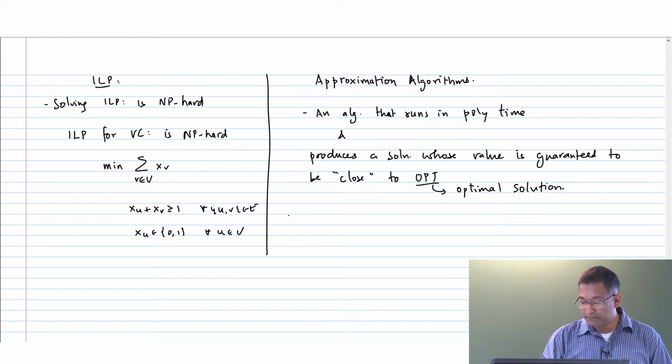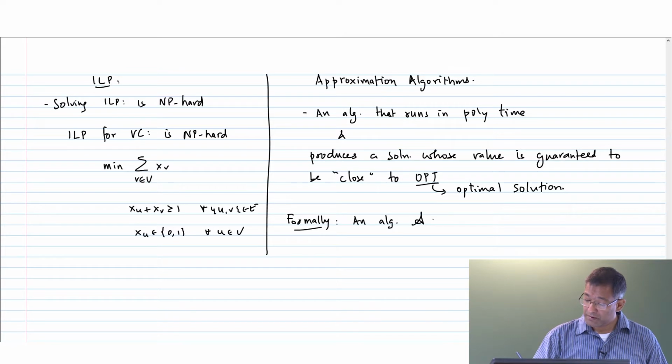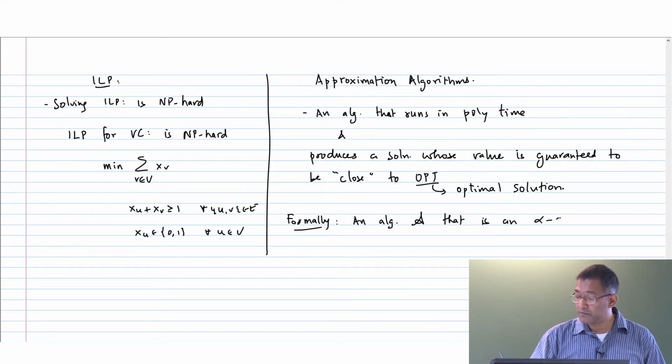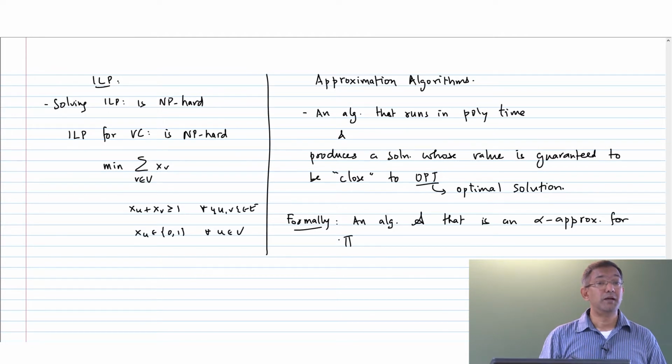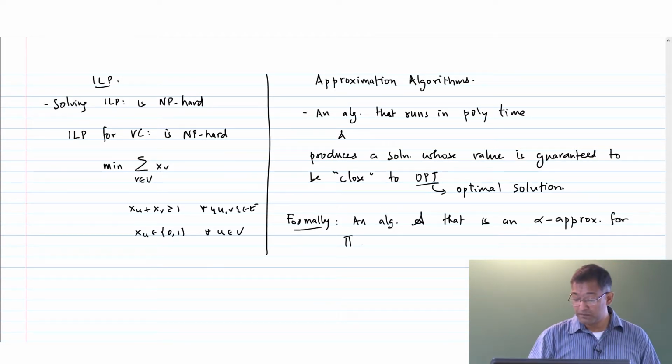So, more formally, we want to design an algorithm A that is an alpha approximation for a problem pi. In this case, pi could be the vertex cover problem.